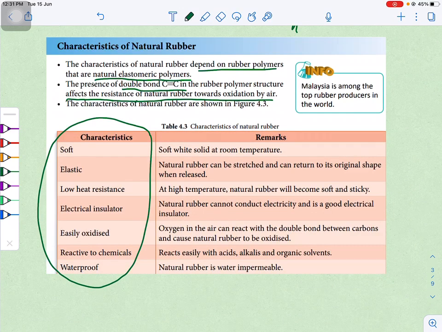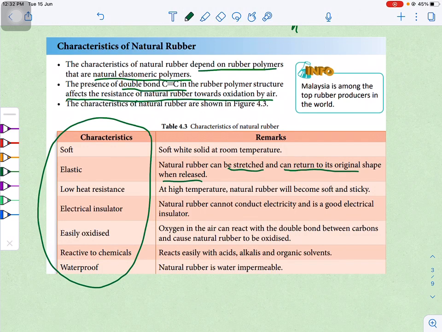So because of this, the presence of this carbon-carbon double bond, we have this characteristic. Number one, soft white solid at room temperature. So how can you imagine? It's like you pegang dough, tepung dough tu, soft, very soft and white in color, and it is white solid. Elastic, it can be stretched, you boleh tarik, and then bila you lepaskan, it can return to its original shape when you release.